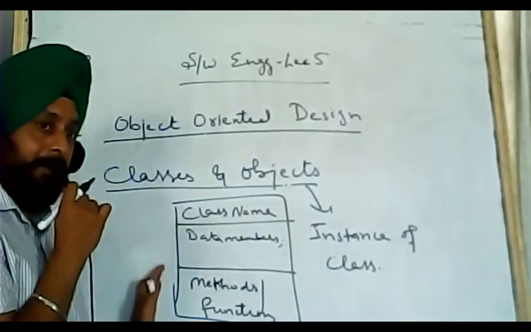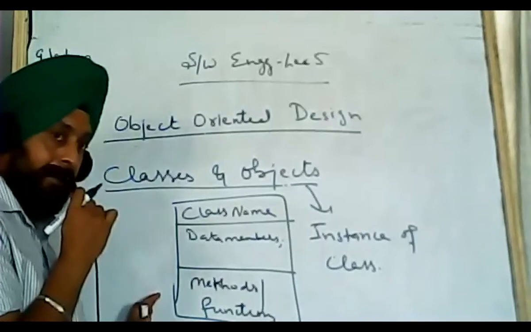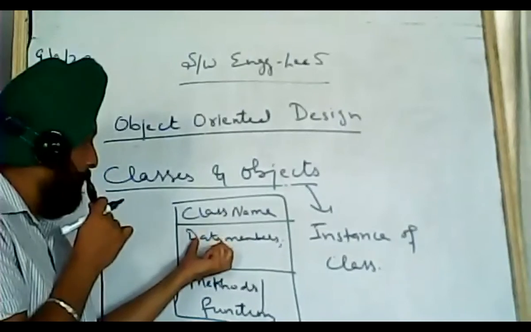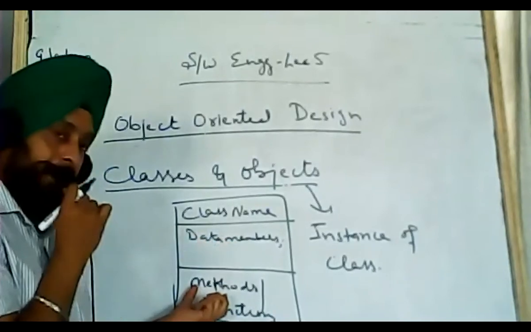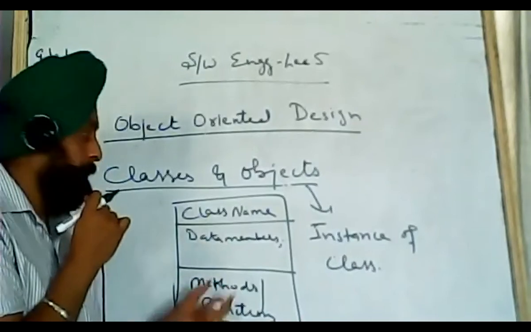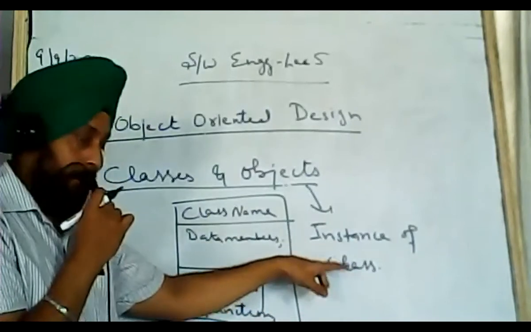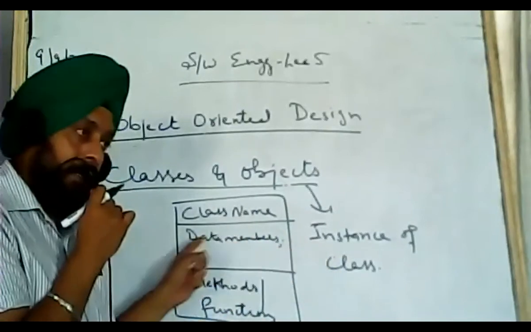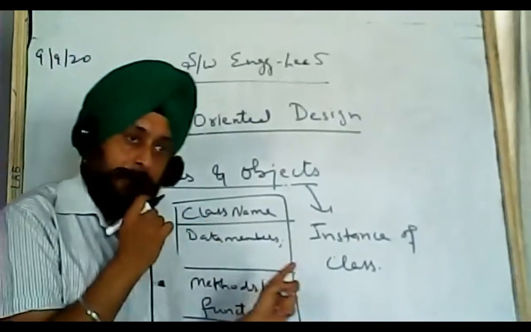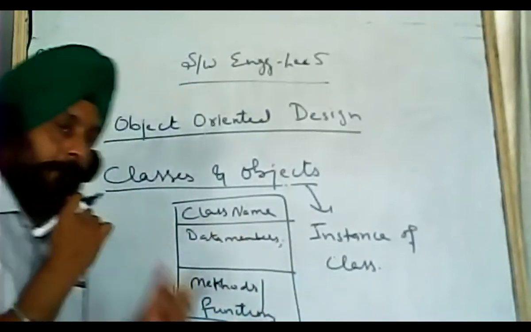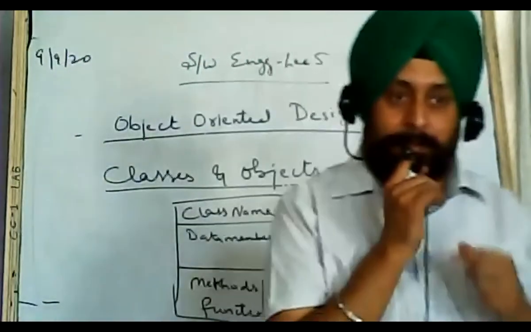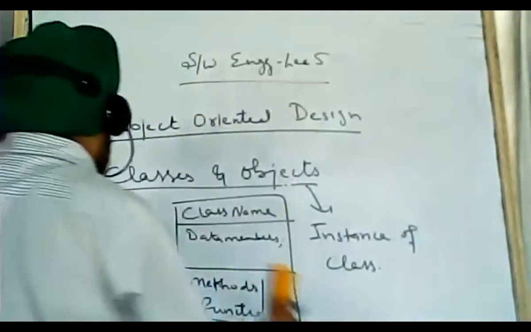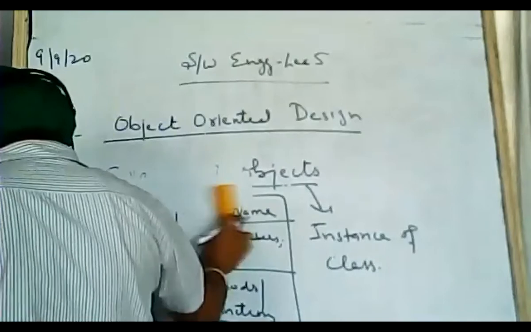When we declare the class, we define what the different characteristics of the class object are through its data members and what different functions it can perform through methods or functions. So any object which has these characteristics of data and function will become the instance of that particular class. This is the concept that you already know about classes and objects. Along with this, there are many concepts of classes and objects. You know all the concepts, but I will repeat again.